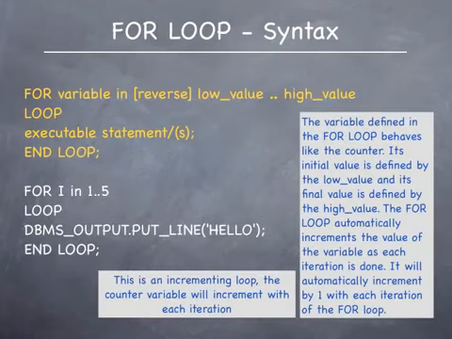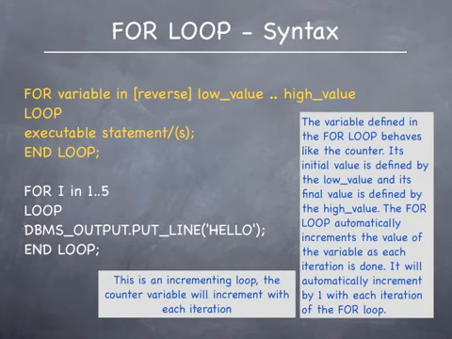This slide shows you the syntax of the for loop statement. It reads as for variable name in, optionally you can have the word reverse, low value dot dot high value, followed by the keyword loop, followed by one or more executable statements. The for loop ends with an end loop.